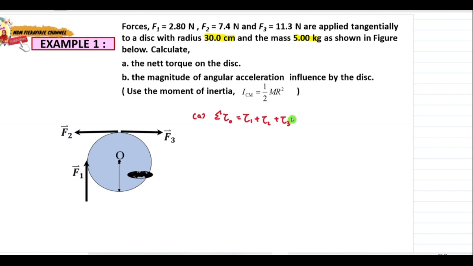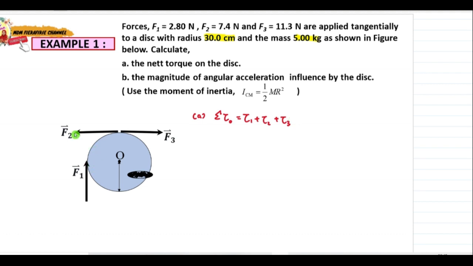Okay, so sekarang kalau kita ada tiga daya yang kita letakkan pada disc tersebut, kita tak tahu akhirnya disc ini akan berpusing counterclockwise direction ataupun rotating in clockwise direction. Okay, so we need to determine first what is the direction of torque for each force, and we need to start with the first force which is F1.